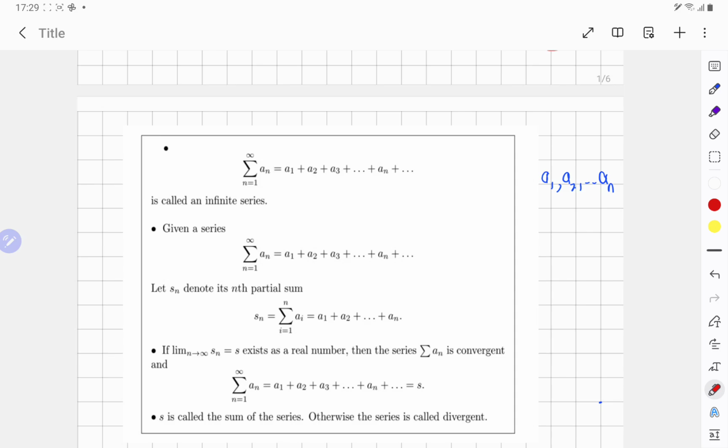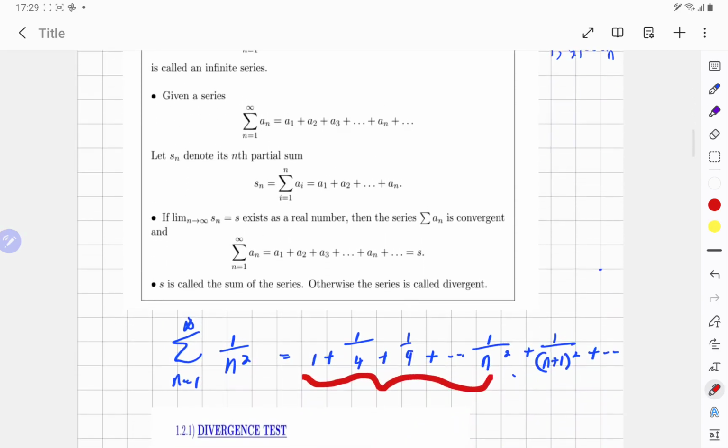Now, what is just very important to understand for later is the partial sum, the nth partial sum. So if I have my series and I add to infinity and I take a part of that sum, hence partial sum, I call it the nth partial sum. So as you can see here, I only add up to a_n.